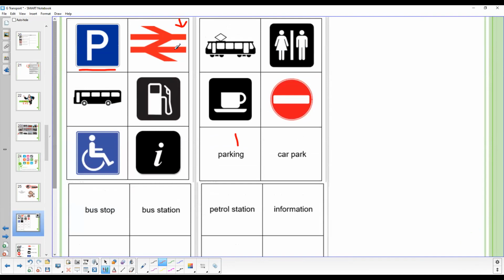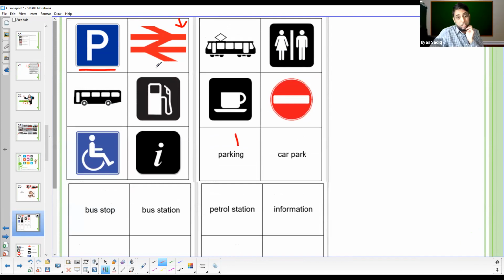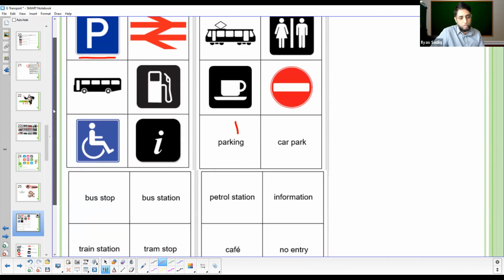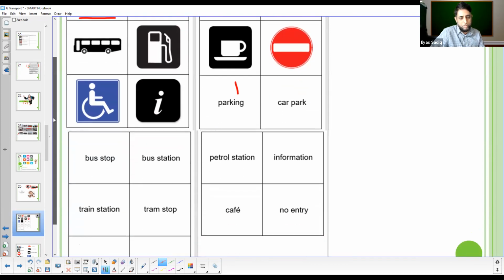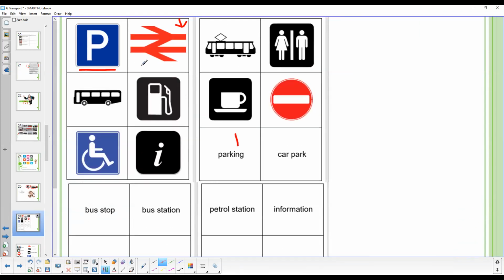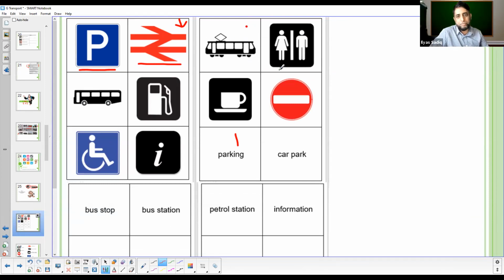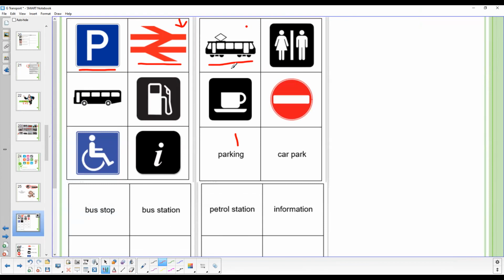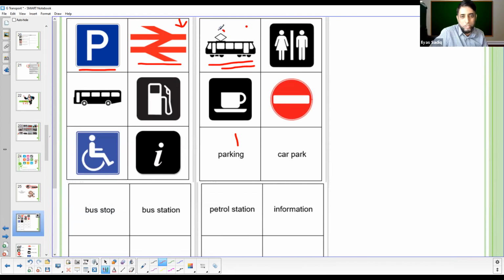This is Information. This is a station. What station is that? Bus station, train station or tram station? This one is the train station. And this one is the tram station. So this makes it different. It's not bus, it's the train station. So, tram station.